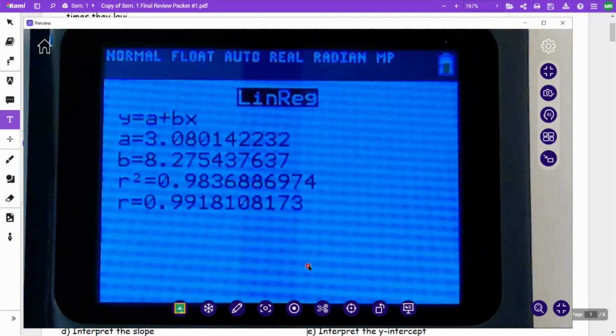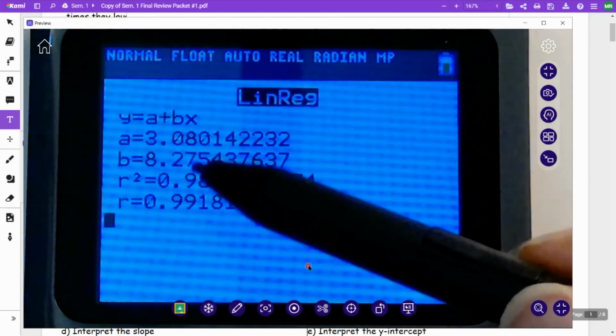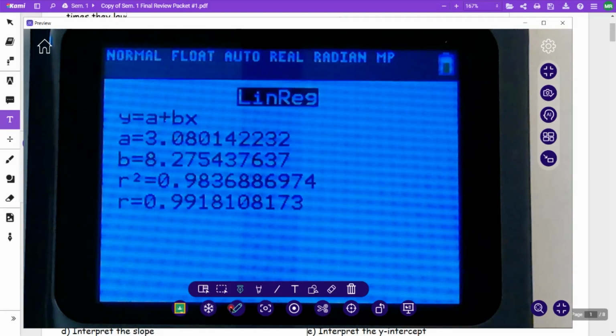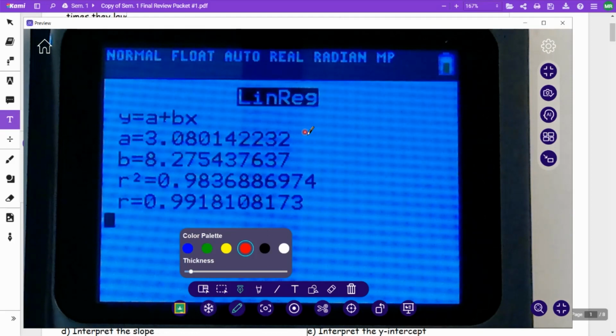And here I get my equation. So my A is going to be 3.08. So I'm going to say 3.1. Okay. Let's see if I make this a little bit better.